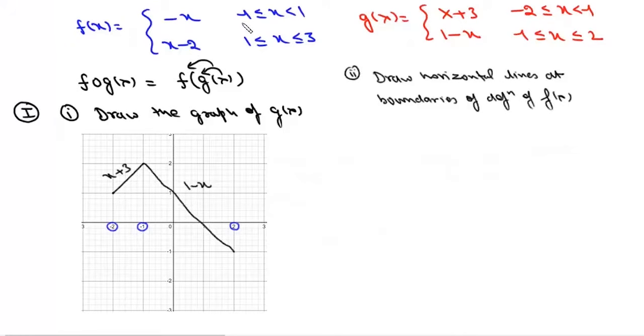Now boundaries of definitions of f(x) are at minus 1, 1 and at 3. So what we'll do is we'll draw a horizontal line at minus 1. So we'll draw this horizontal line at minus 1. We'll draw a horizontal line at 1. And we'll draw a horizontal line at 3.